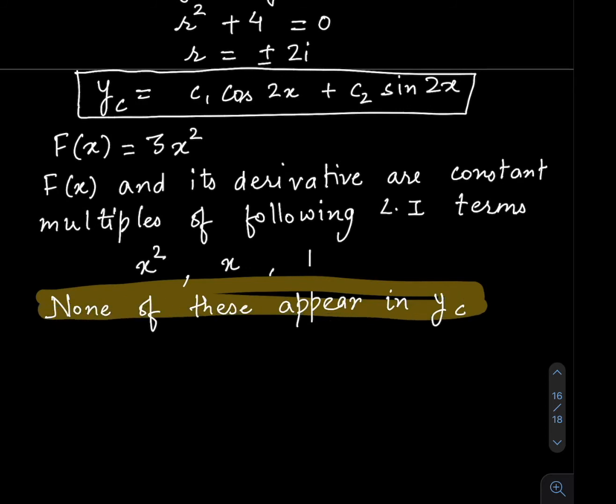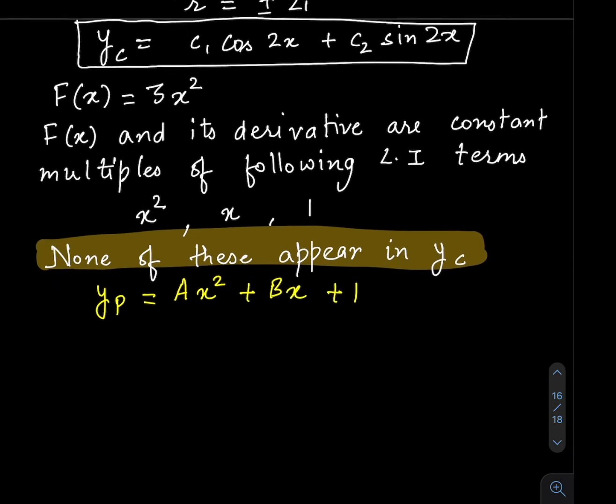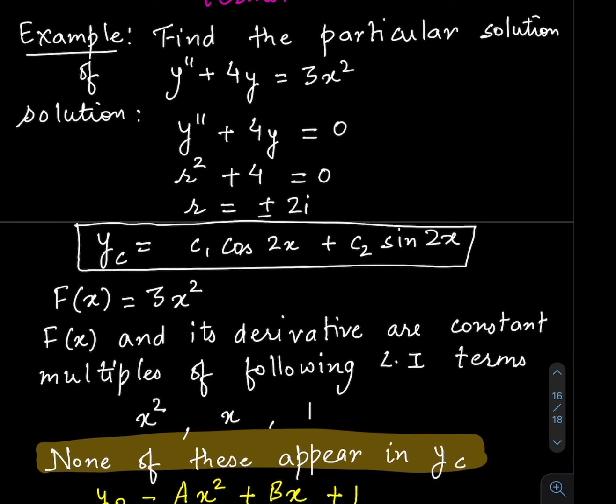So if none of these appear in y_c, it means we can apply our rule 1, and by our rule 1, the general form of y_p is going to be ax square plus bx plus c. Okay, in the notes we used 3x cube, so that you don't get confused, I will keep it x cube.